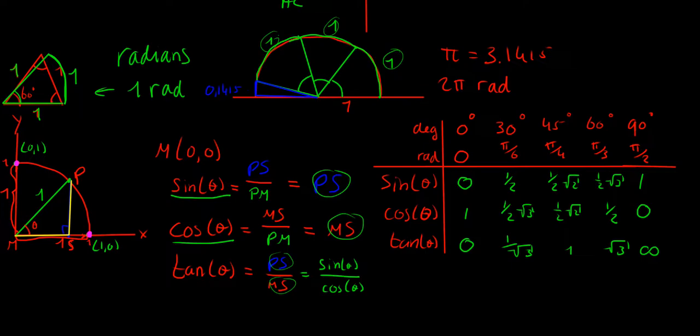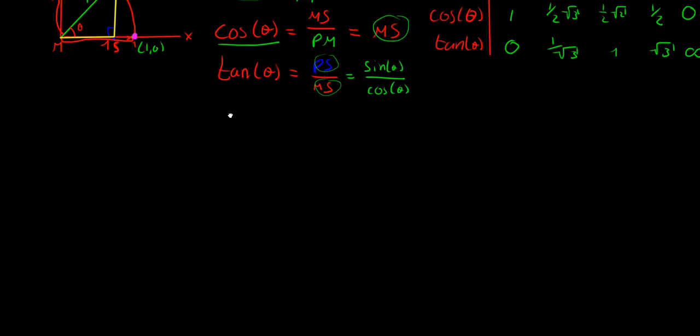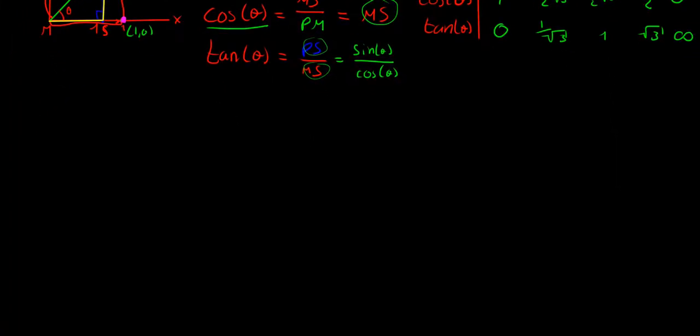Now, quickly some other remarks. If we look at the values that the cosine and sine give us, its maximum is always 1 and its minimum is always -1. If we look at our sine function, let's make that green.